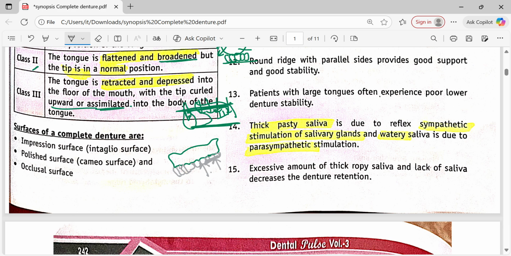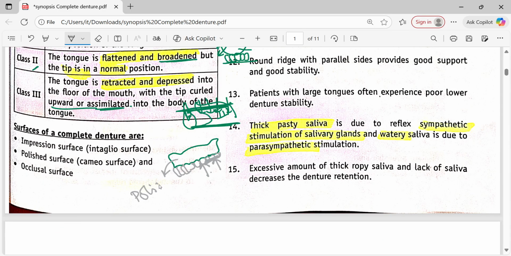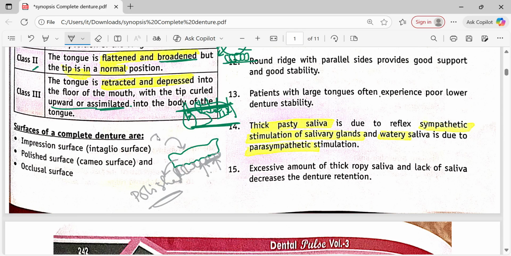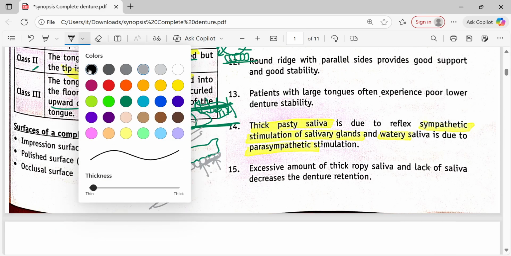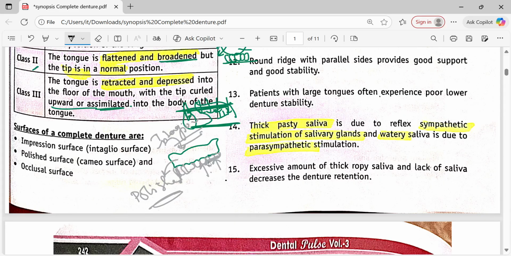Second is the polished or flange surface, and third is the tissue surface or intaglio surface. So there are 3 types of surfaces.